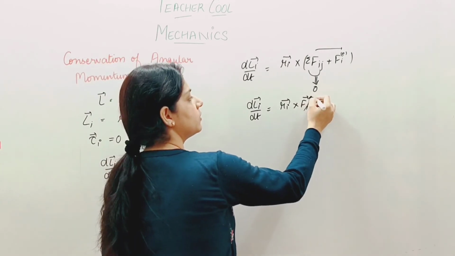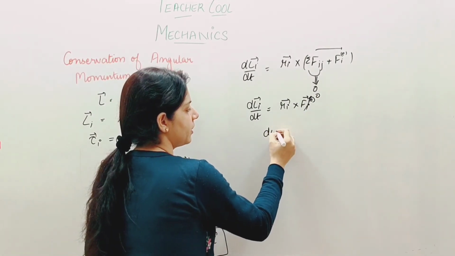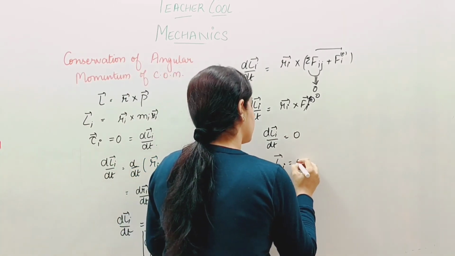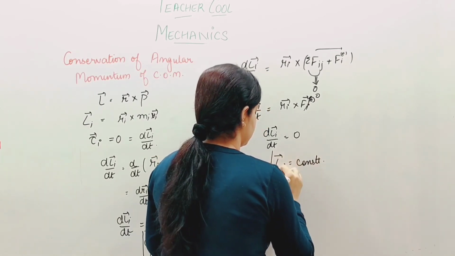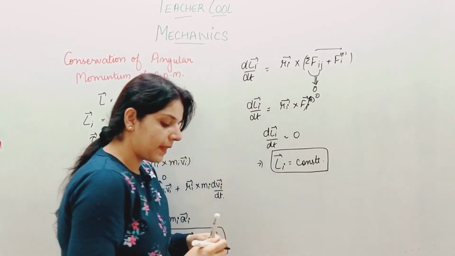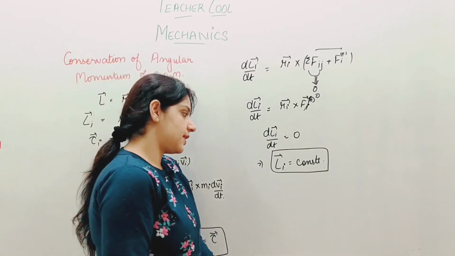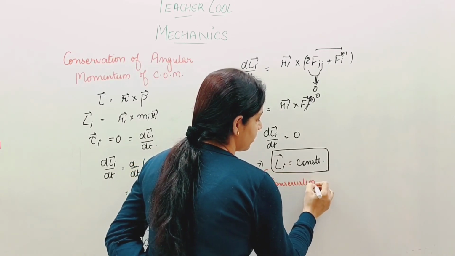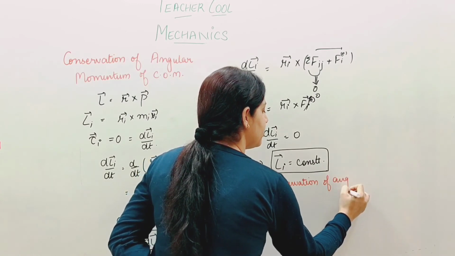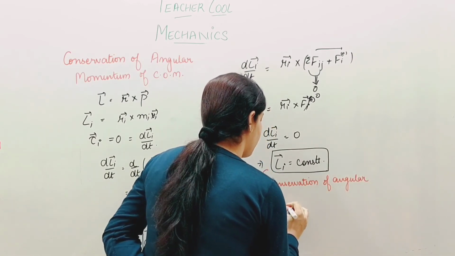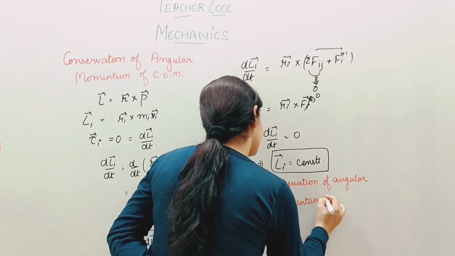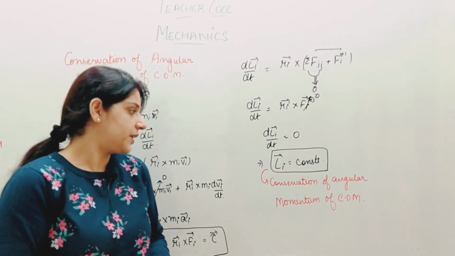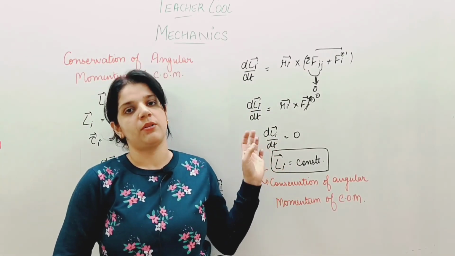So this force is 0, so this derivative comes out to be 0. We say Li vector is a constant, which means that this is the conservation of angular momentum of center of mass or the ith particle, where Li denotes the angular momentum of the ith particle or the center of mass.